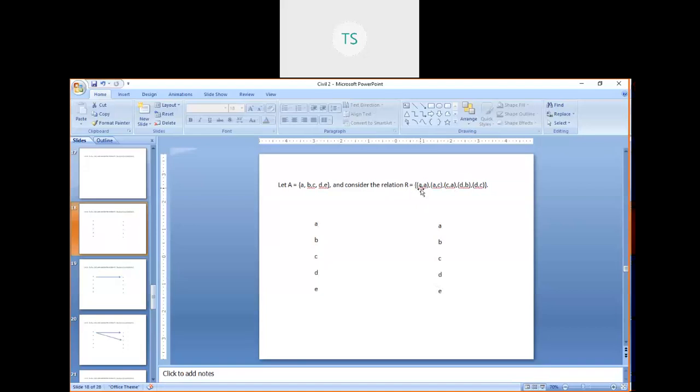So here the first ordered pair is A, A. From this A, I'll draw a straight line to the other A. Is it clear?